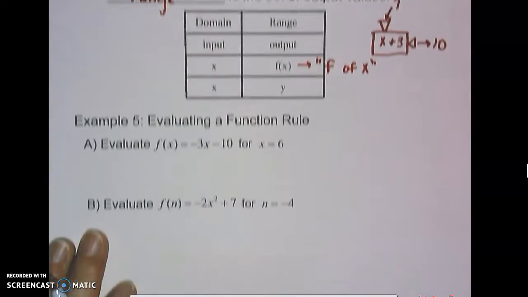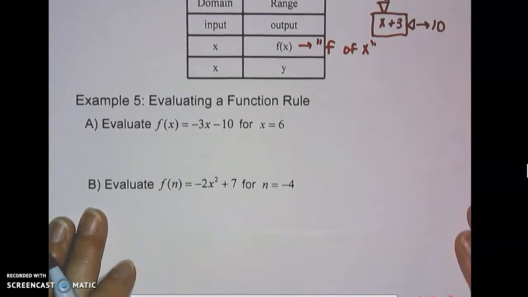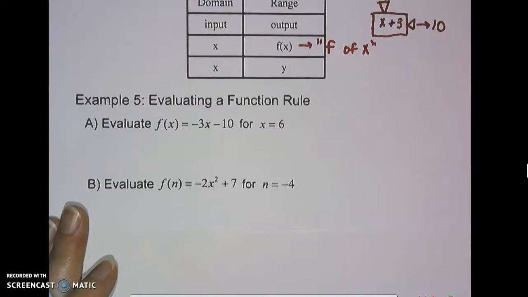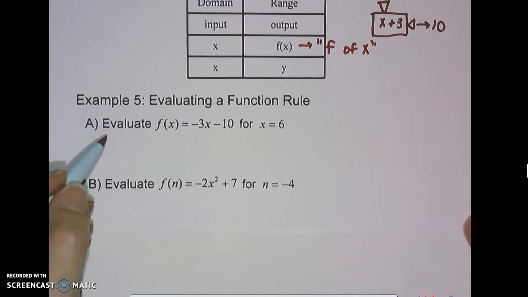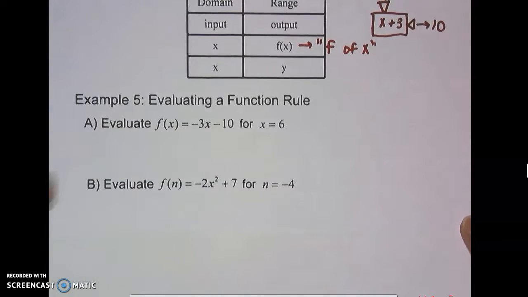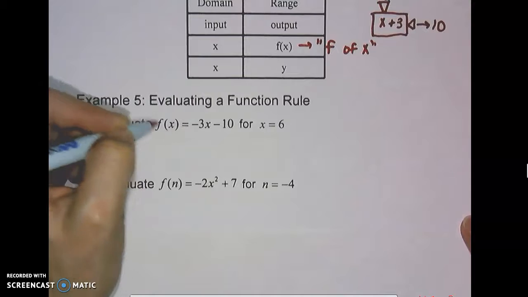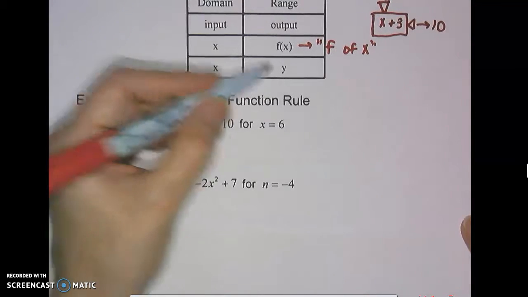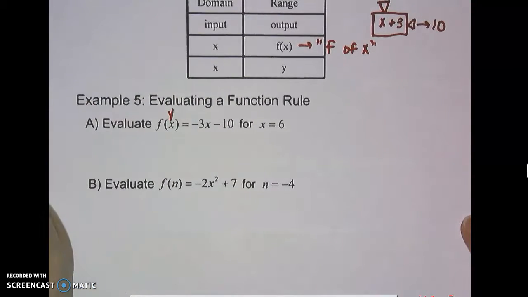So the first thing we're going to do is work on evaluating a function rule for a particular value. So if I ask you to evaluate f of x equals negative 3x minus 10 for x equals 6, this f of x is just the same thing as saying y. If I asked you, okay, giving you y equals negative 3x minus 10, and I know that x equals 6, what are we going to do with that?